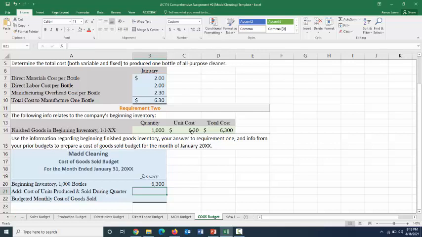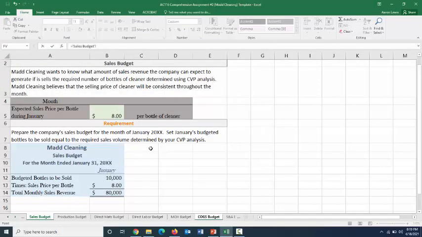And how about our units produced and sold during the period? Well, first let's figure out how many units are going to be produced and sold during this month. Going back to our sales budget, we are proposing that we are going to sell 10,000 units during the period.